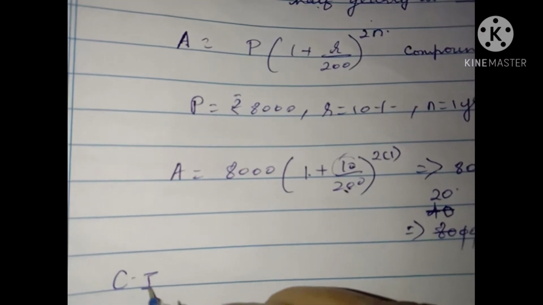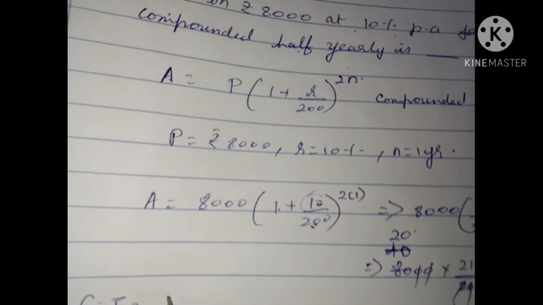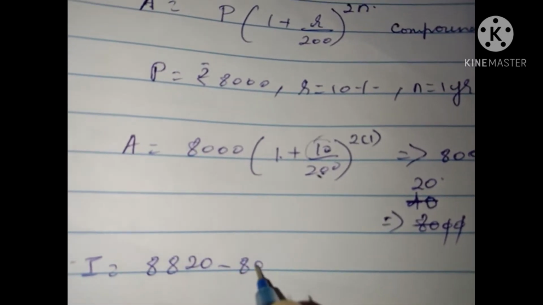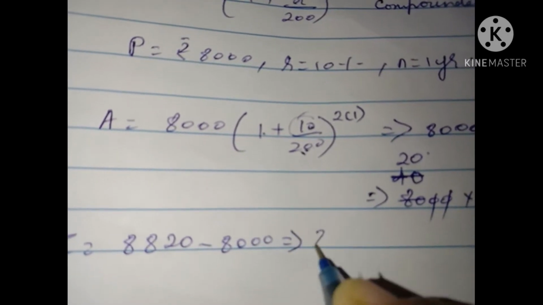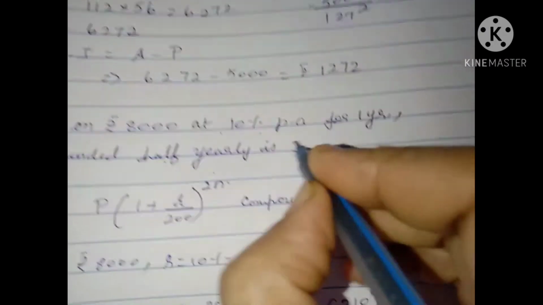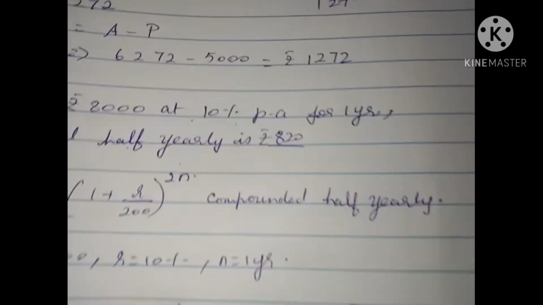Compound interest is equal to amount minus principal. Amount is 8,820 minus 8,000, which is equal to 820. So your compound interest for half yearly is 820 rupees.